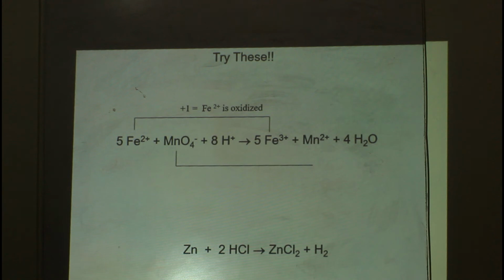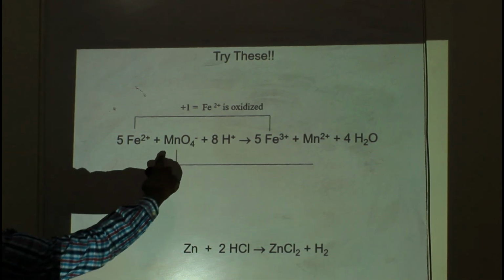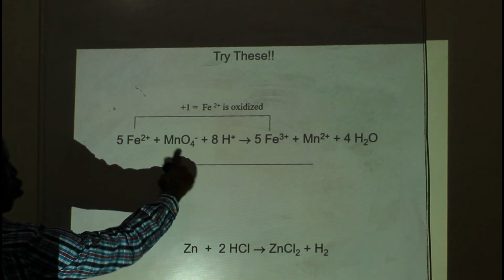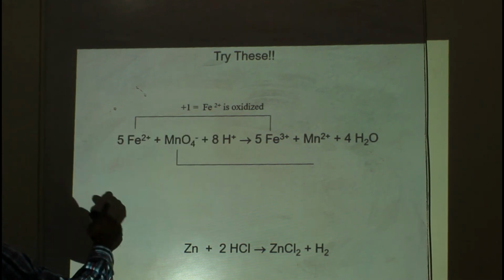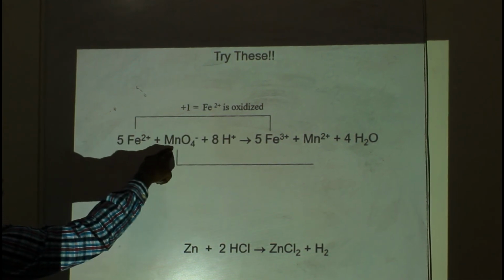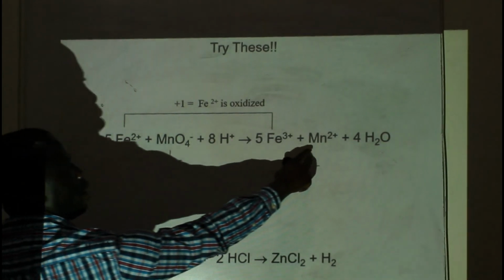Now with this one, we say that the iron 2 has oxidized. Once it has oxidized, then we say it is a reducing agent, because the manganese which has reduced was caused by this. It is the iron 2 that caused the manganese to reduce to manganese 2.